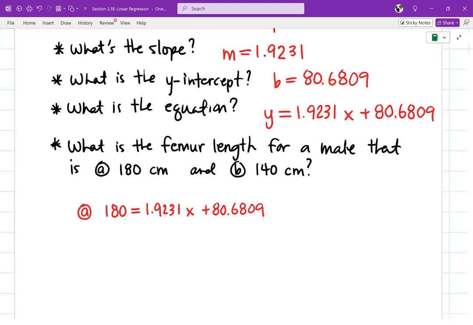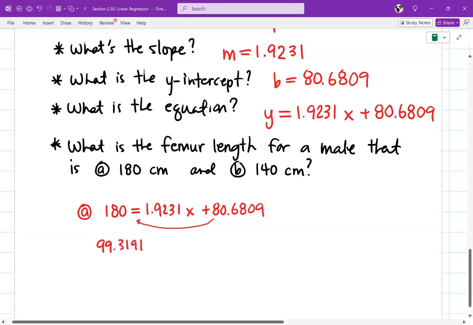I have to subtract 80.6809, right? So minus 80.6809. So I get 99.3191 equal to 1.9231x. And then my last step is to get rid of that 1.9231. So I have to divide by it.